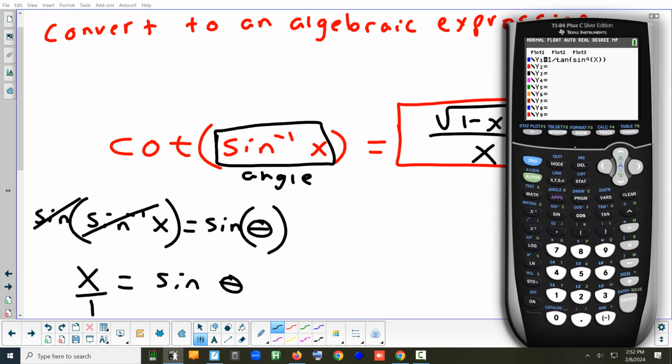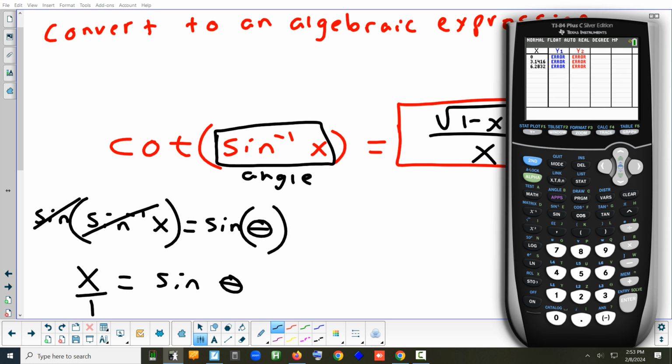Let's put the square root of 1 minus x squared divided by x in y2. If we did it right, we go to our table, and the values of y1 and y2 should be exactly the same.